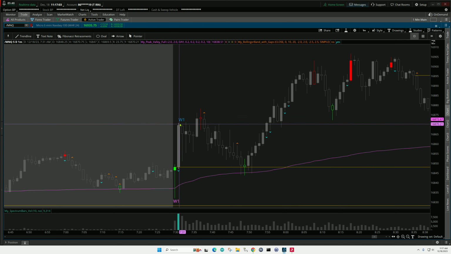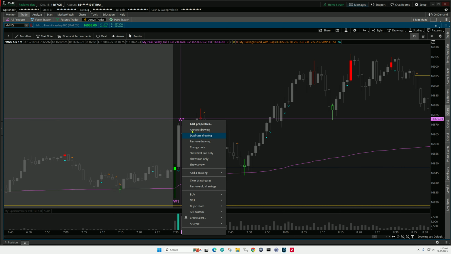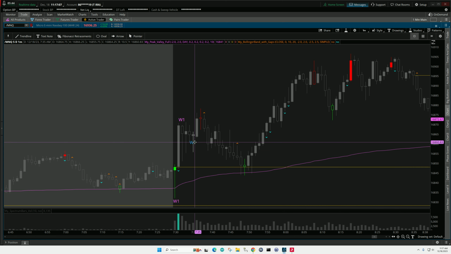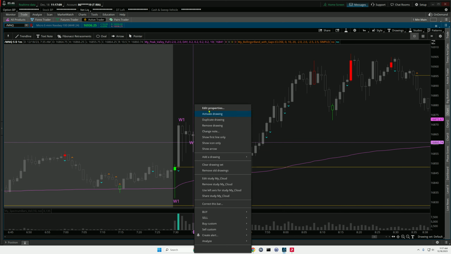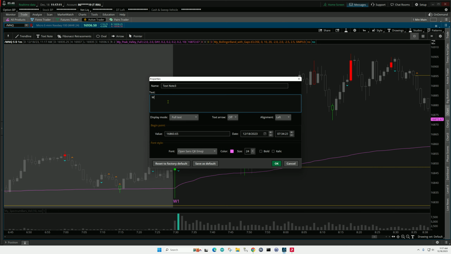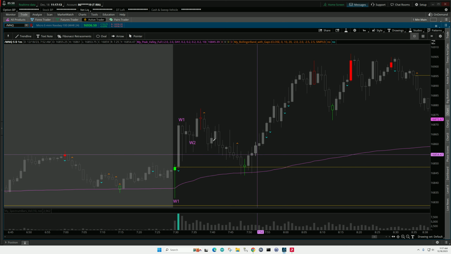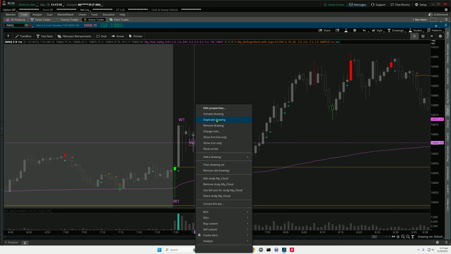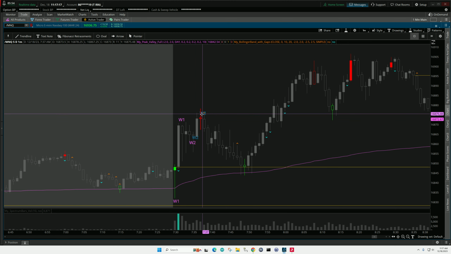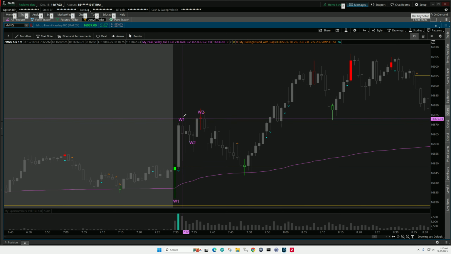So this would actually be the pullback right here to this candle body, wave 2, and then we go up. This is where wave 2 ends, because this doji red candle body is above the previous wave 1 high candle body.